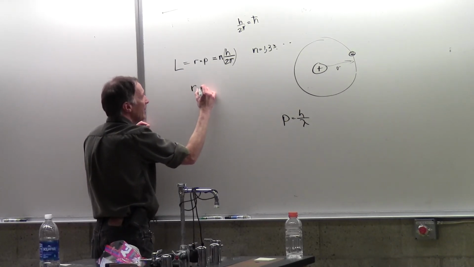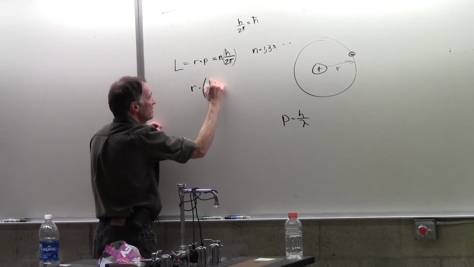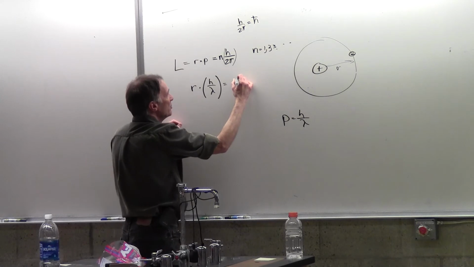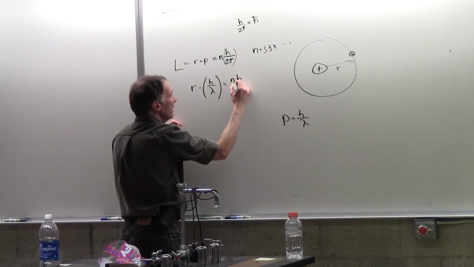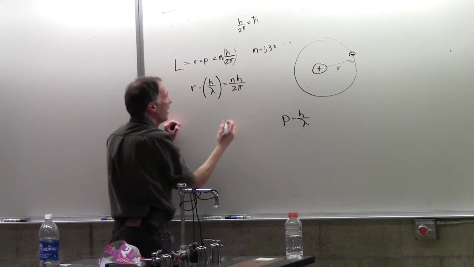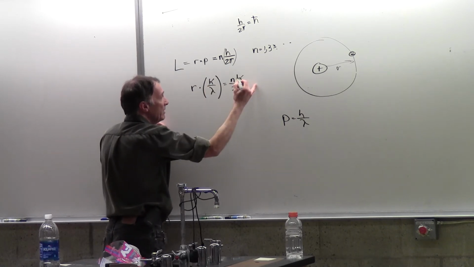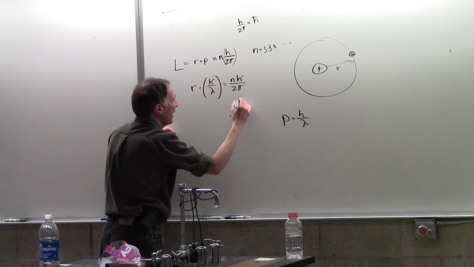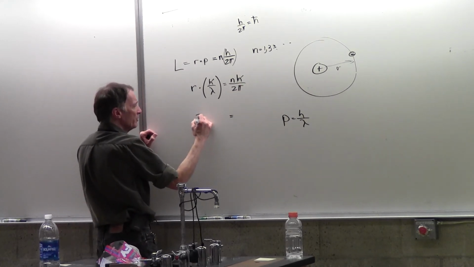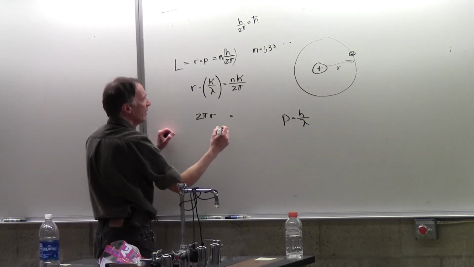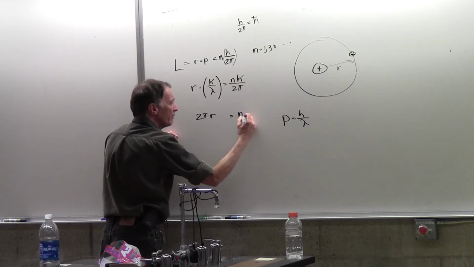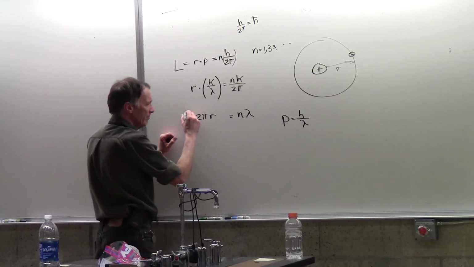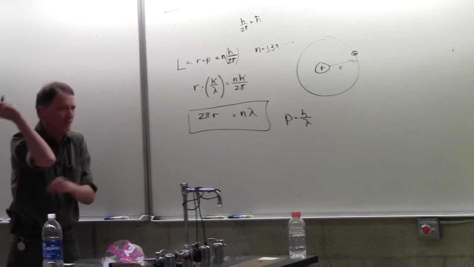I have r times p, which is h over lambda, equal to h times n all over 2 pi. We get rid of our h's, and then I'll take a 2 pi over here, 2 pi times r, and bring my wavelength over here: n times the wavelength. So I'm just rearranging your terms, Bohr.